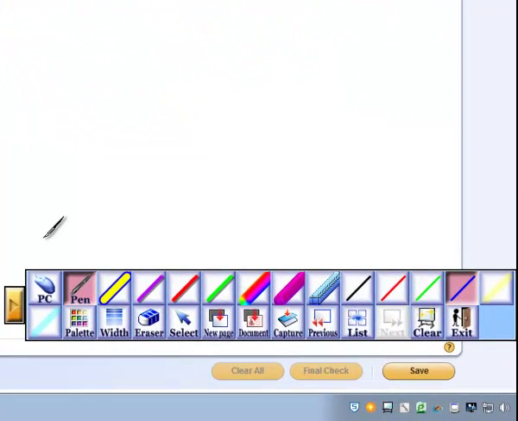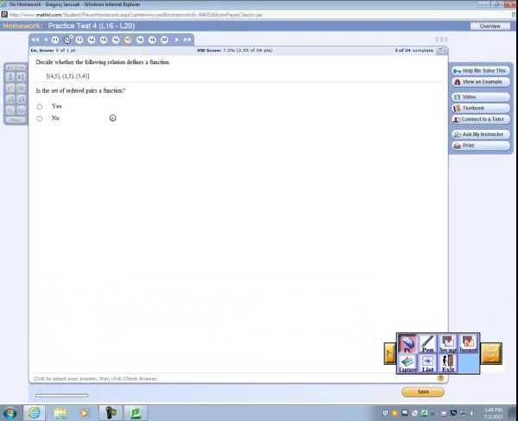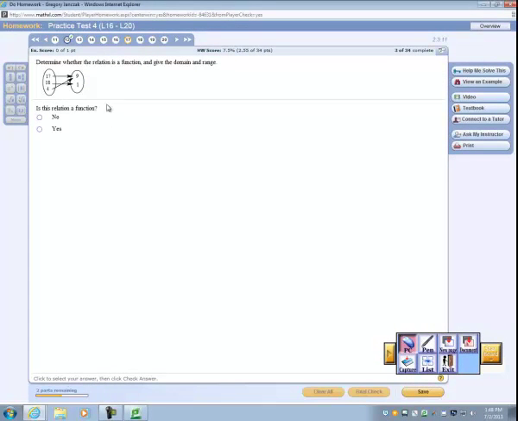All right, good. Okay, is this a function? Does each x have only one y? Yeah. The y's can have more than one x, but the x's can't have more than one y. All right? So that it would be a function.